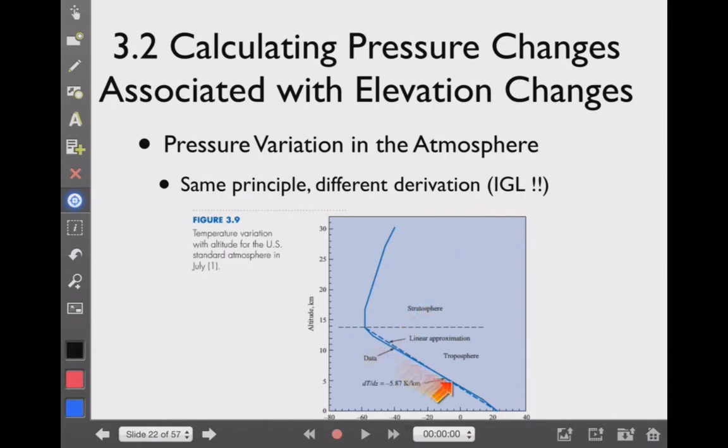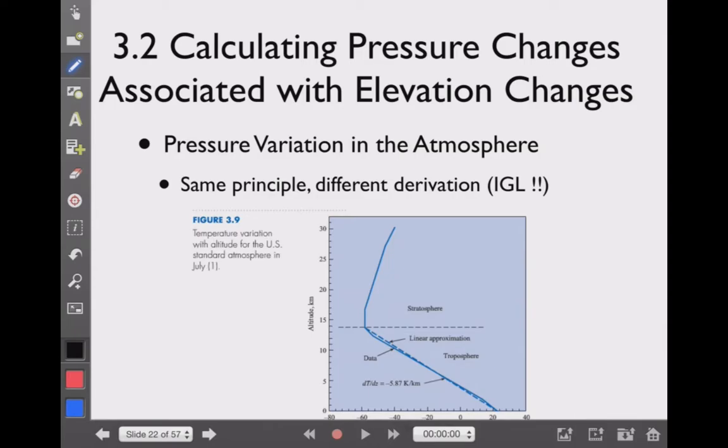And so here is the typical temperature profile of the atmosphere. We can see that to a good approximation, we can approximate the tropospheric temperature, the lower atmospheric temperature, with a line.